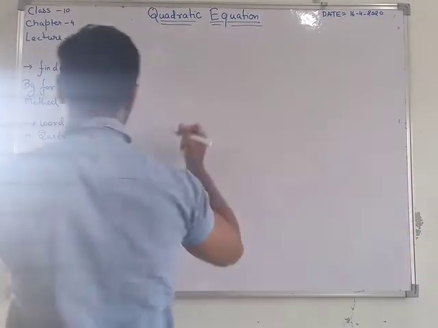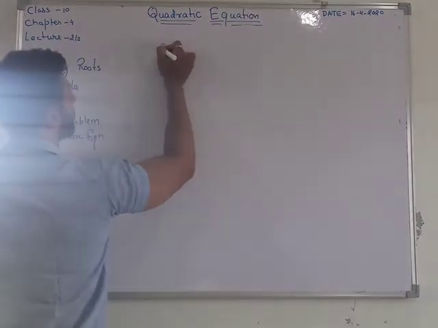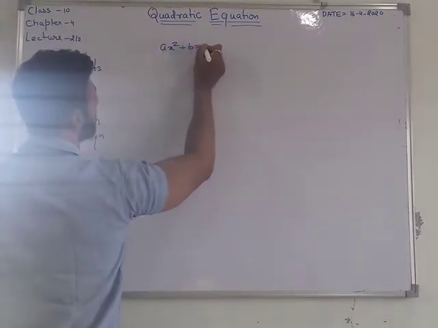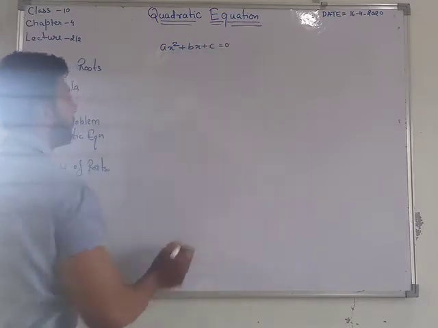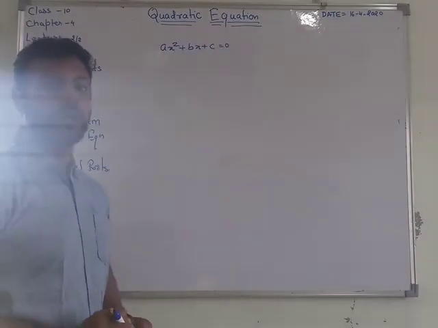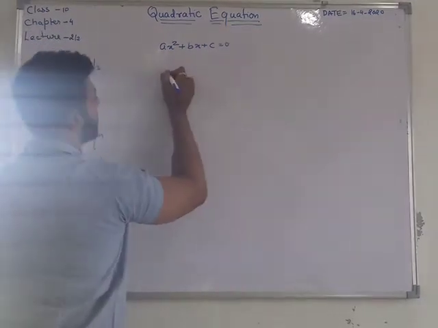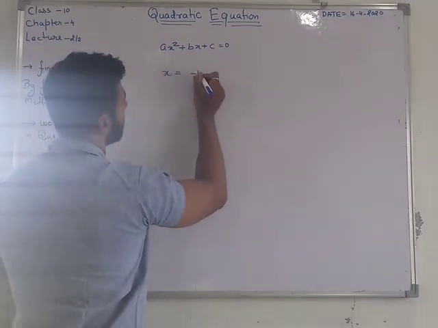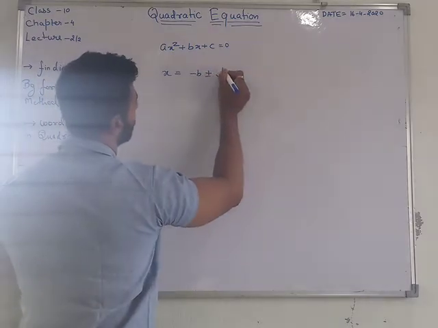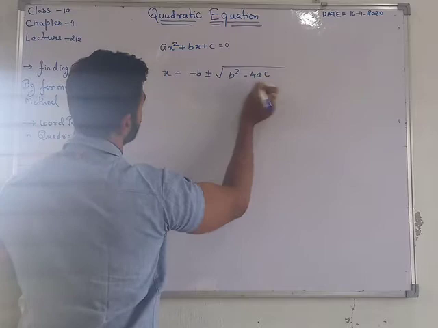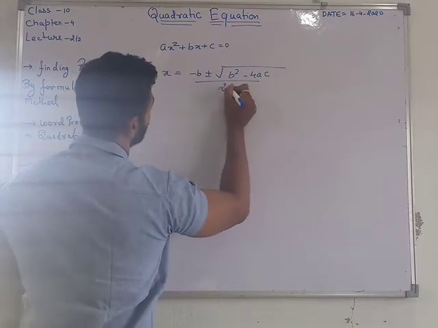Suppose we are given the equation ax square plus bx plus c is equal to 0, and we have to find the roots by the formula method. x is equal to minus b plus minus under root b square minus 4ac by 2a.